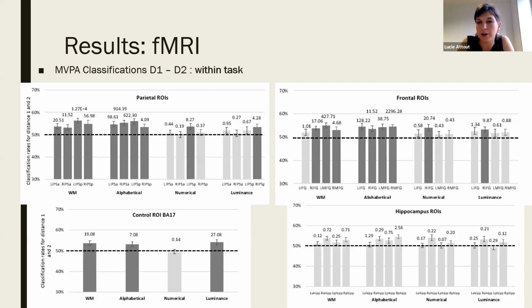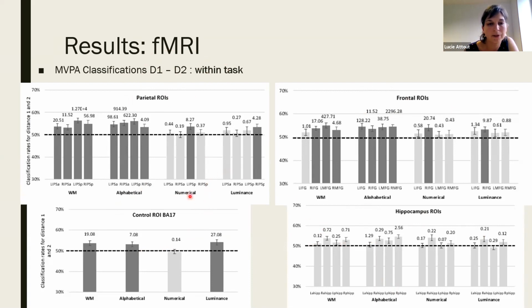At the multivariate level, we first examined the classification between the two distances, distance 1 and distance 2, in each task separately for the different areas. And a Bayesian one-sample t-test showed higher than chance level classification for all tasks at the parietal level and at the frontal level, but also at the occipital level, but not at the hippocampal level.